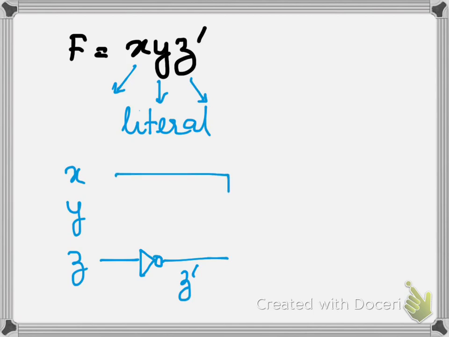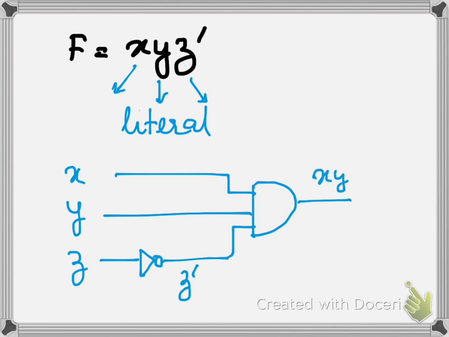So I can write it like this together and then put an AND gate out here. So the output of this would be x y z dash, and this is nothing but our F function.